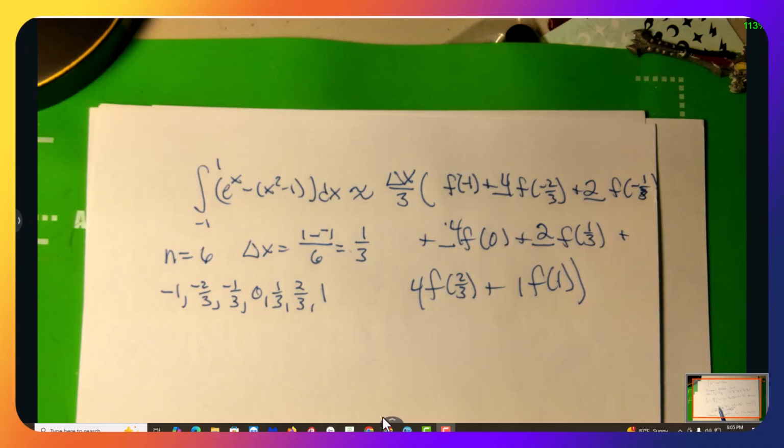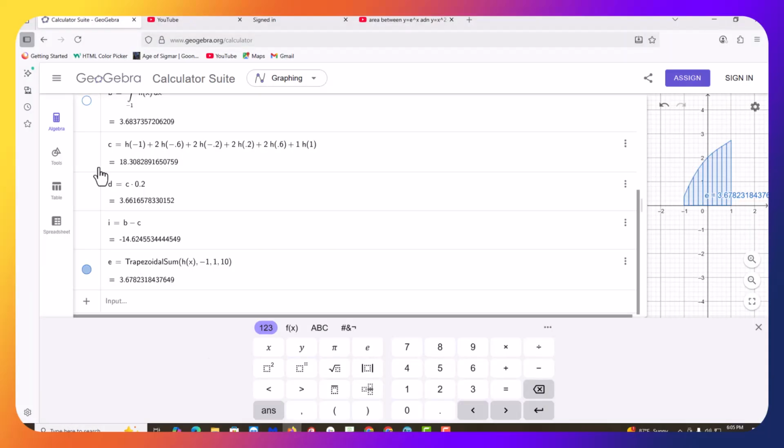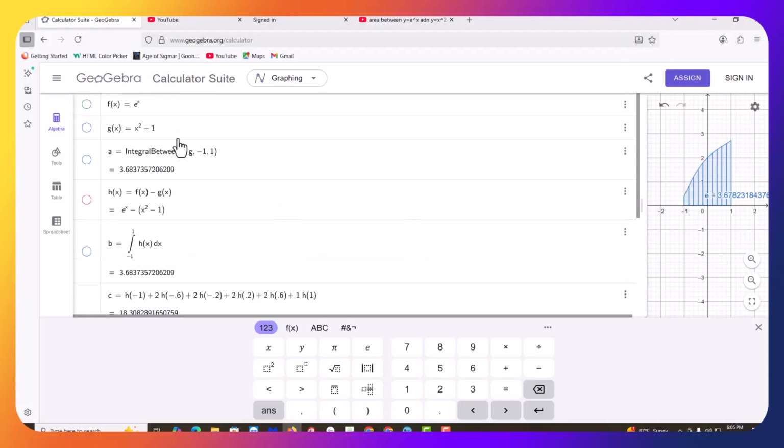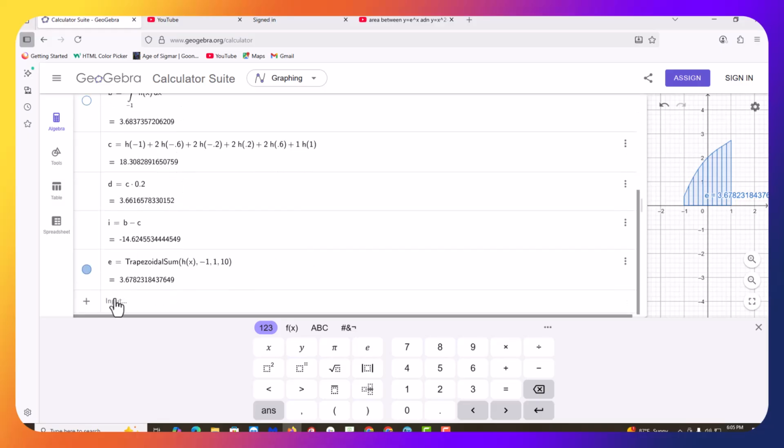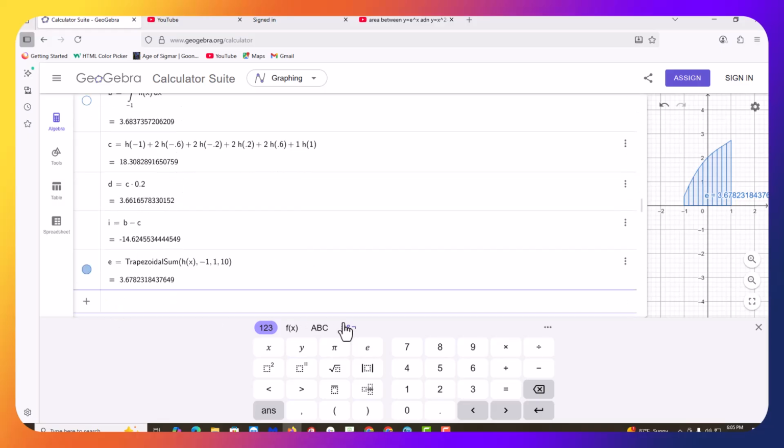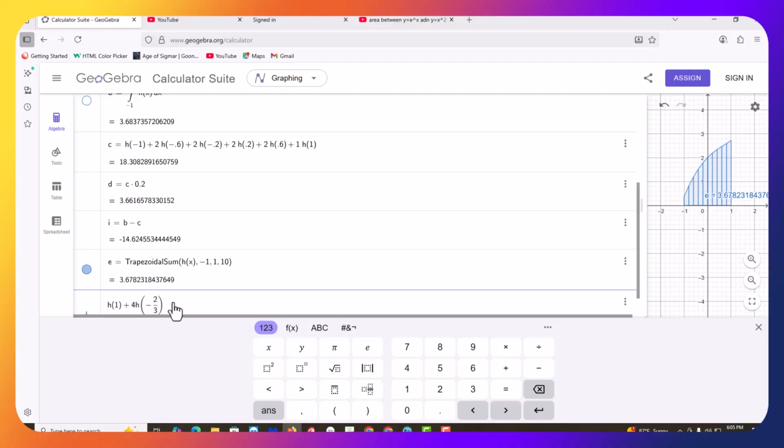Okay, so now we're just going to go ahead and put this on our computer. So let me get this out. Okay, look, I still have everything here. Now I believe I called it h of x, so we're going to use h of x. So h of 1 plus, and then I'm just going to go right through it. I have 4h of negative 2/3 plus 2 times h of negative a third. Now we're at negative a third. We're moving our way through it.